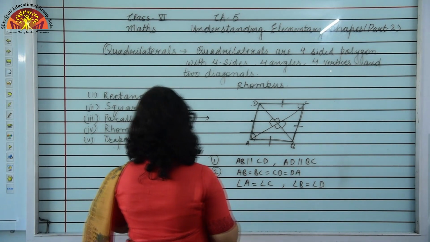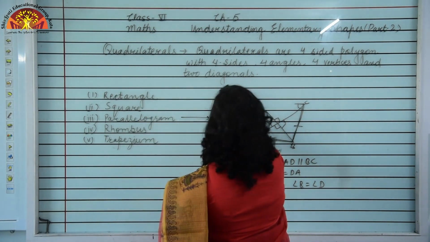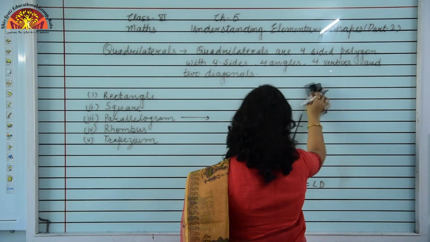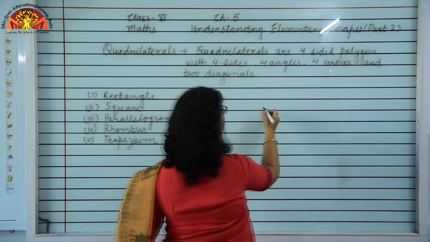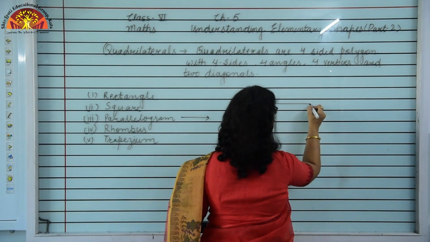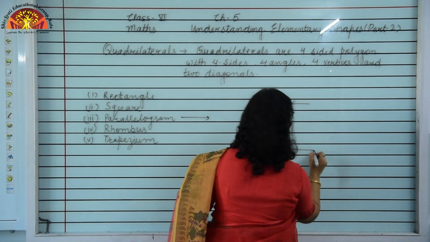Understood? Now next type of quadrilateral is trapezium. In a trapezium, one pair of opposite side is parallel. One pair of opposite side.